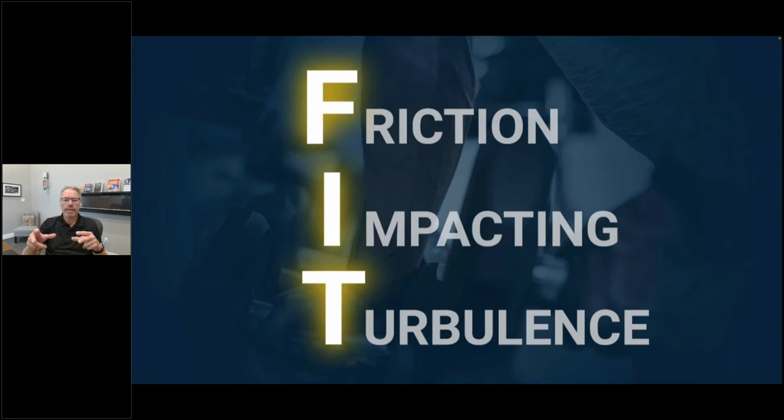You can use this fitness test to make sure that you're using ultrasound on the right failure modes, or to find the right failure modes. And by the way, 95% of the failure modes that can create unreliability in your organization all produce friction, impacting, and turbulence.